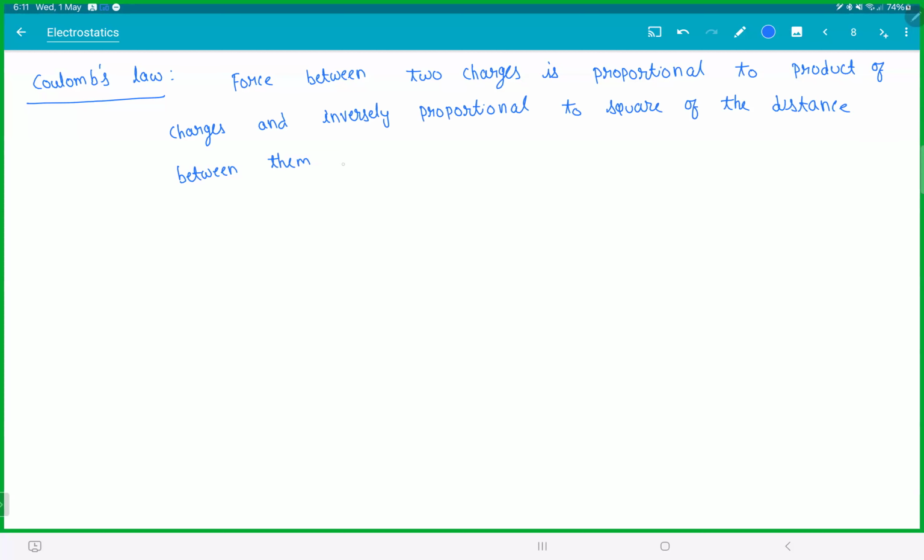In vacuum. That word is important. Now we will see what is that later on.